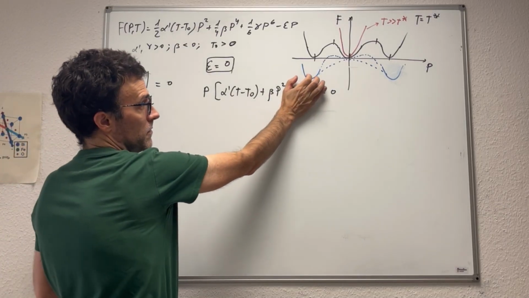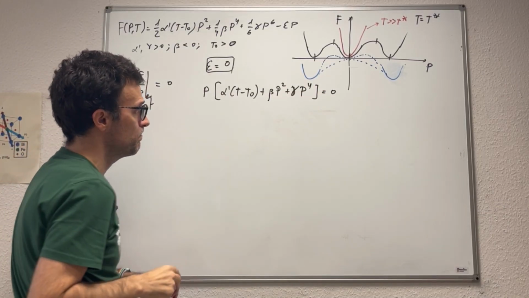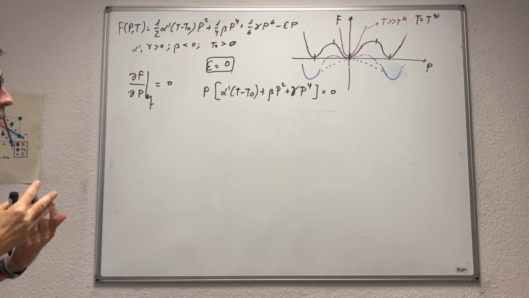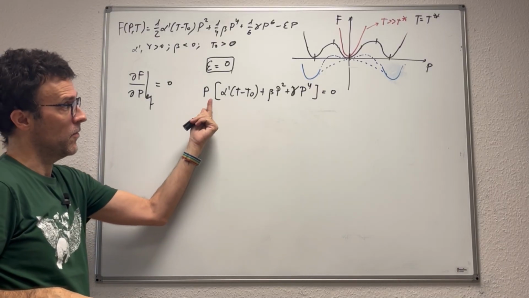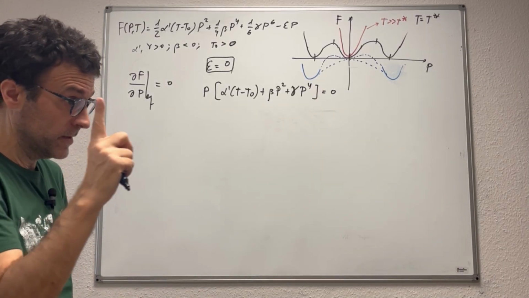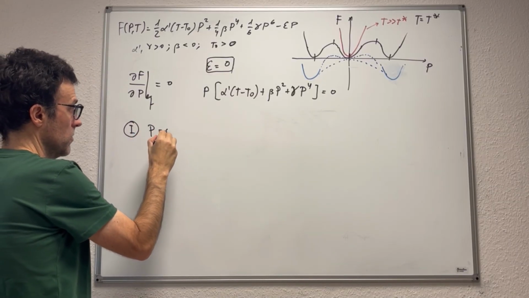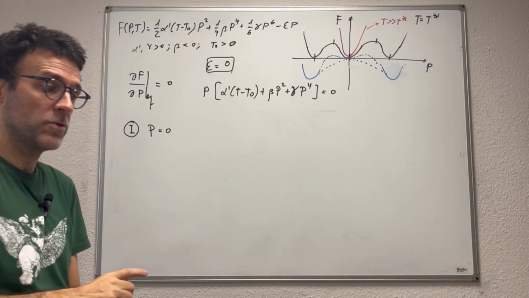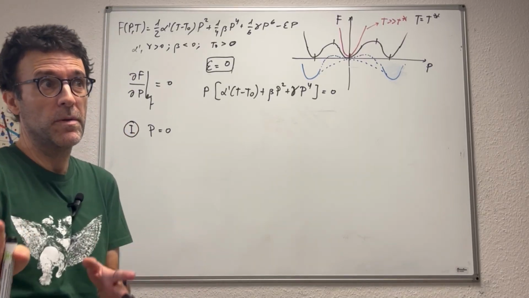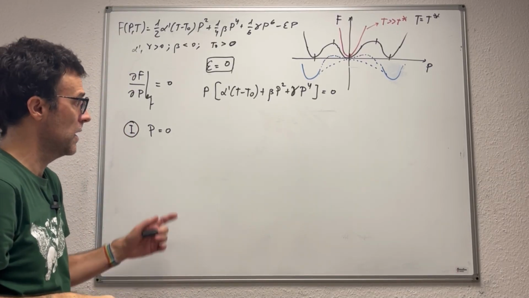Essentially, we have this extra term. But we can already see immediately, I took already common factor, the polarization, that in principle it has certainly one solution that always exists, which is p equal to 0. So this is always a solution. We don't know, in some temperatures it will be a maximum, in some other temperatures it could be a minimum.